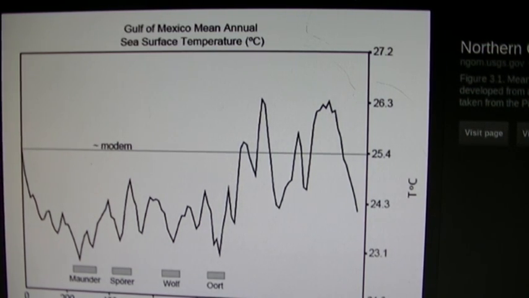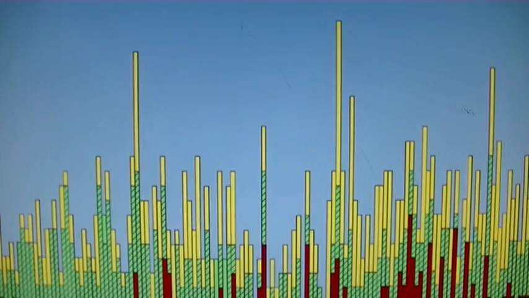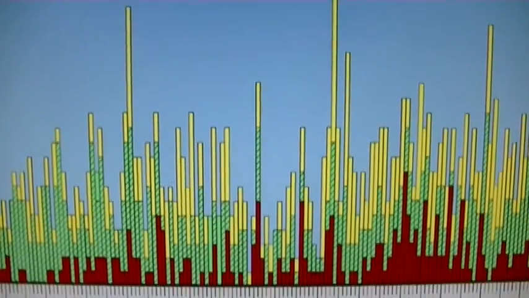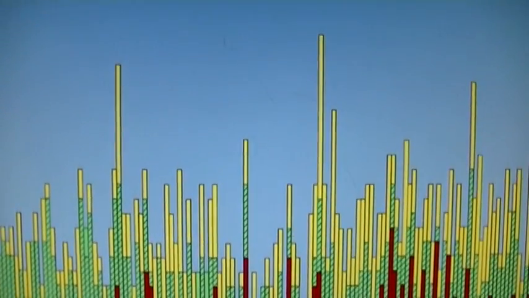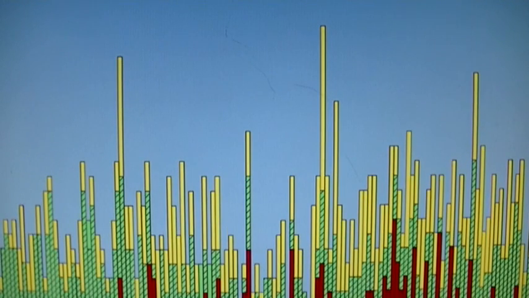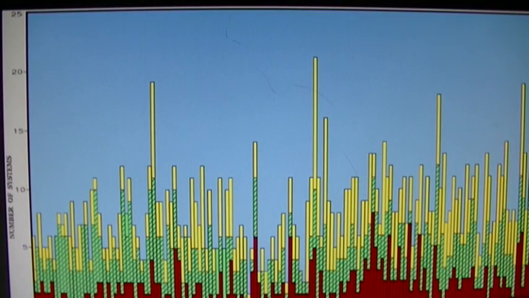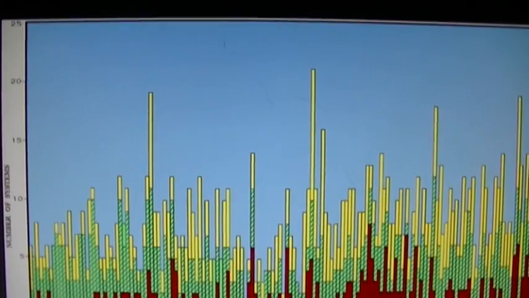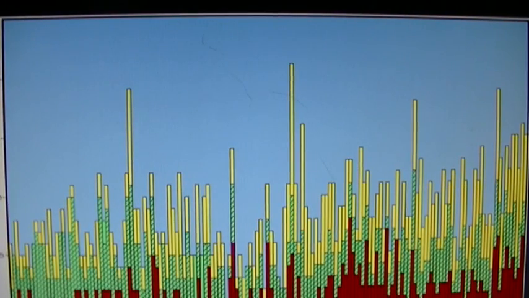So, and here is the latest data from NOAA. This is proof that they are trying to hide this information, that we don't have hurricanes in the Gulf anymore.